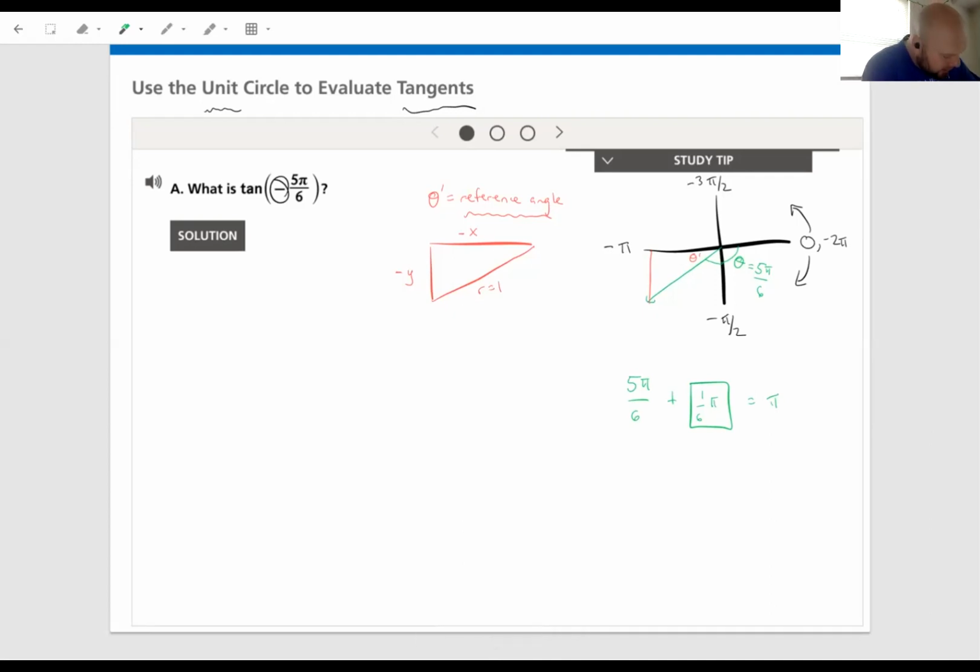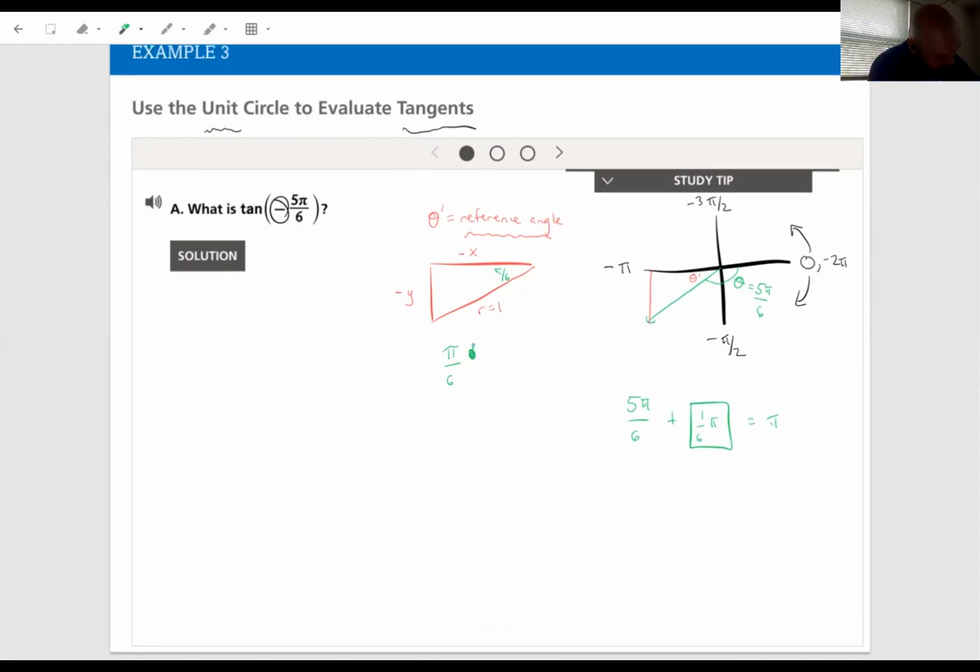So this little reference angle in here is pi over 6. And I'm just going to convert that to degrees just so that you guys can see some more practice with that. This is supposed to be a big multiplication sign. 180 over pi, the pi's cancel. 180 divided by 6 is 30. So pi over 6 is also equal to 30 degrees.